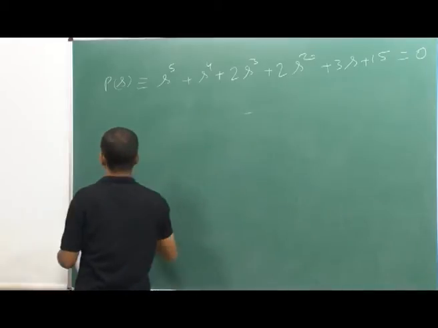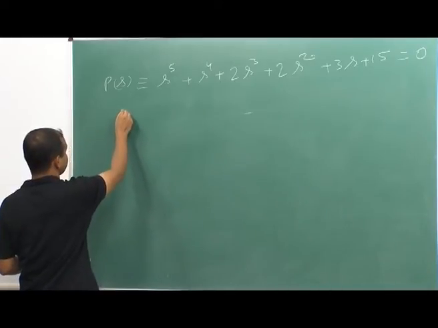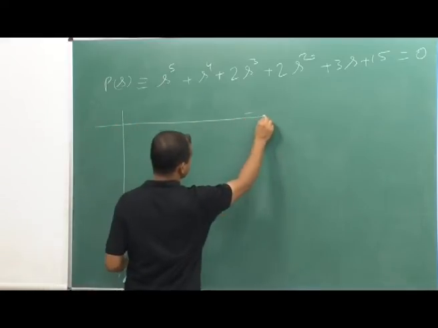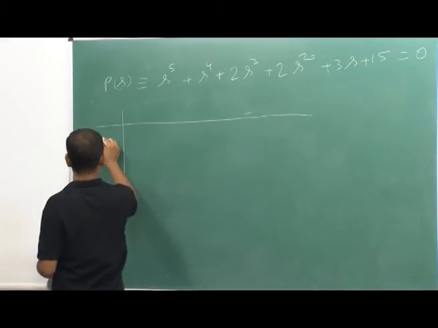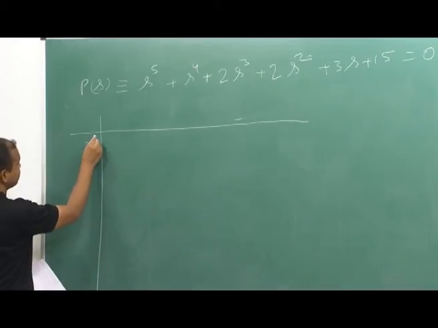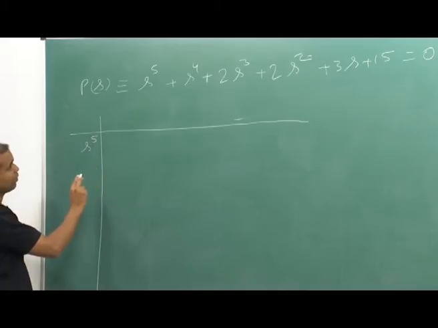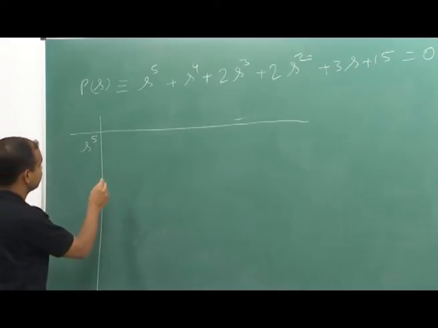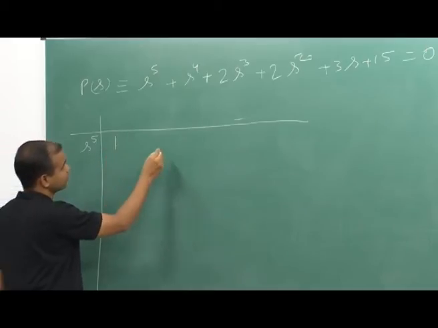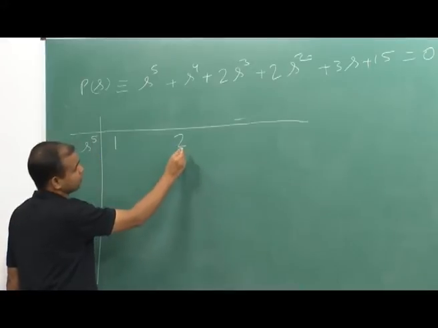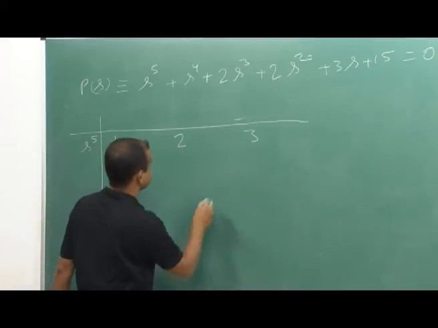So, if you construct the Routh array, the highest power is S to the power 5, this is an odd number. So, I will write all the coefficients having odd power of S, and this will be 1, the coefficient of S to the power 3 is 2 and 3 here.